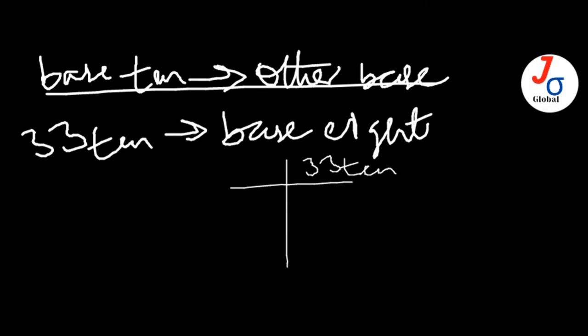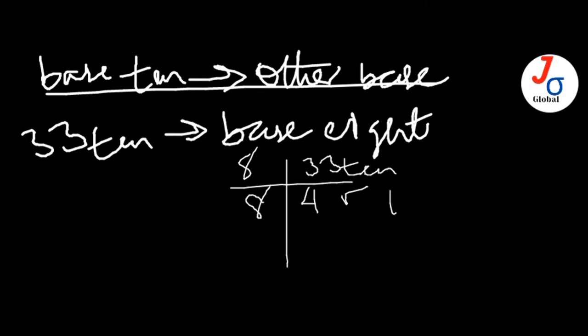The base you are converting to, that's 8, will be on the other side, and so we're going to divide by long division, 33 divided by 8, and that gives us 4, remainder 1. Then we're going to divide 4 by 8.